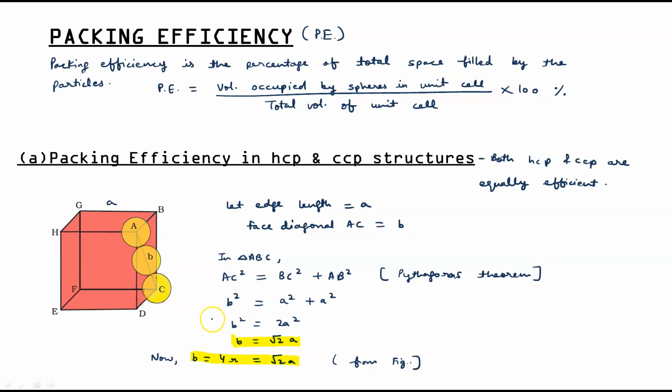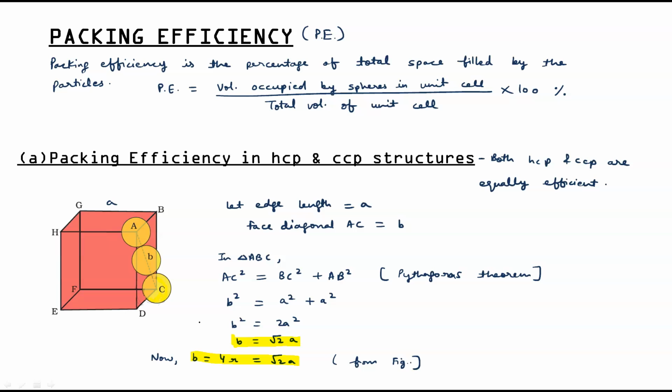Now, the next topic is packing efficiency. Packing efficiency is the percentage of total space filled by the constituent particles, which can be atoms, ions, or molecules. In whatever way constituent particles are packed, there is always some free space left in the form of voids. We have seen that there are two types of void, octahedral and tetrahedral.